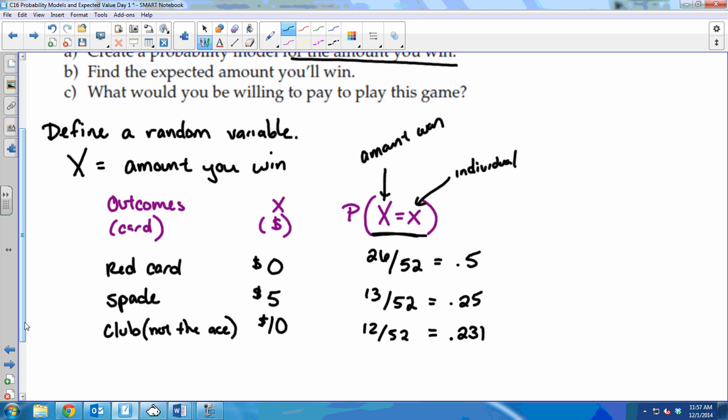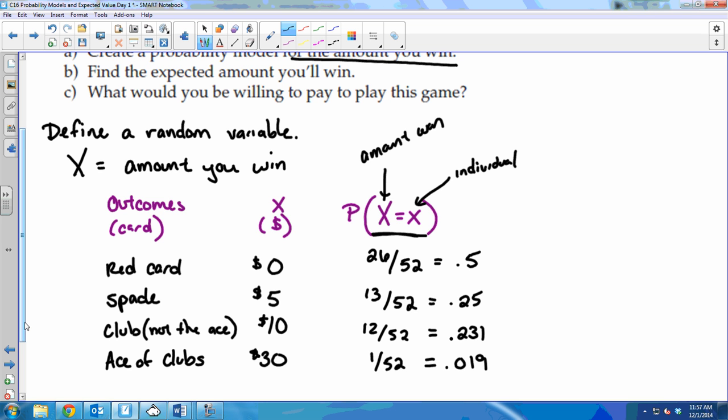And then the last one was the ace of clubs. If you got the ace of clubs, it said you got an additional $20, so $30. And how many ace of clubs are there? Which again is approximately 0.019. Okay.